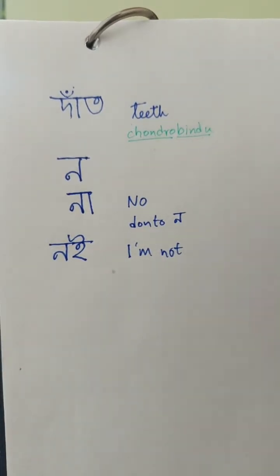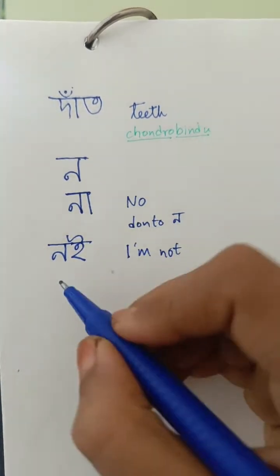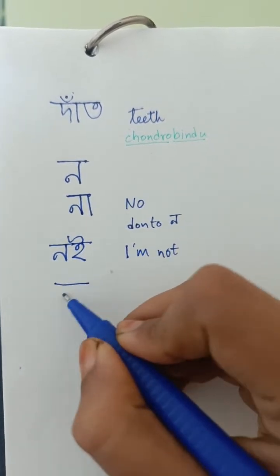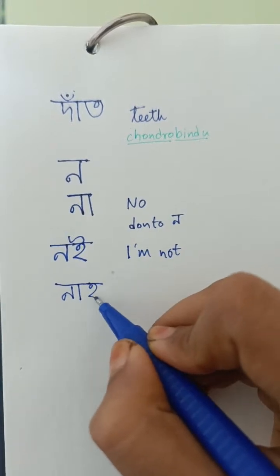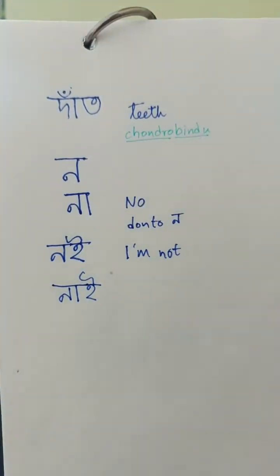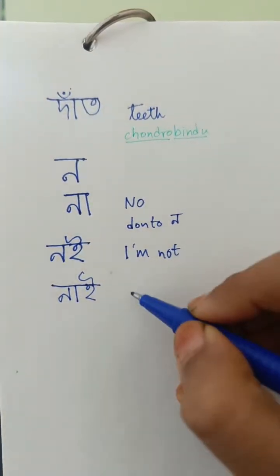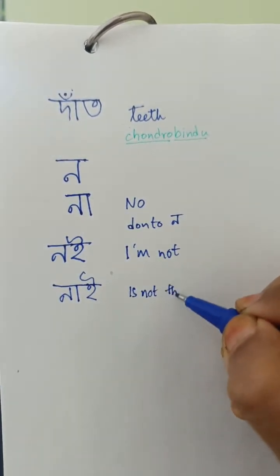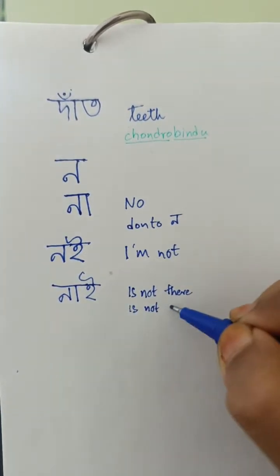That's the only example that came to my mind. So that's noi. If I add one akar to this na and then I write the same thing, what is this? Nai. Nai means is not there or is not present.